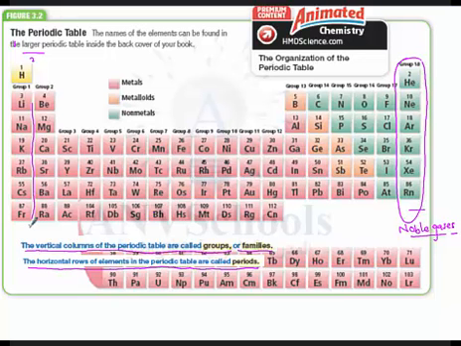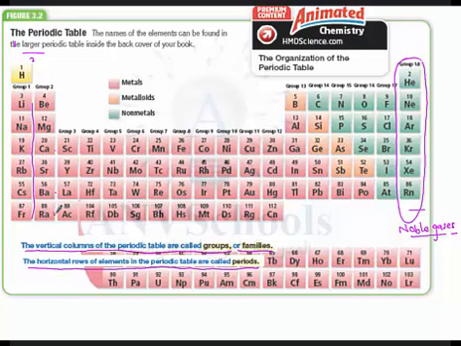Notice that the elements in group 2, which include beryllium, magnesium, calcium, strontium, barium, and radium, are all reactive metals with similar abilities to bond with other kinds of atoms.